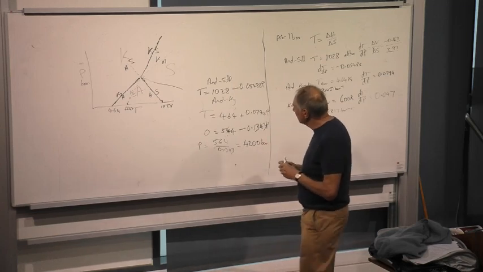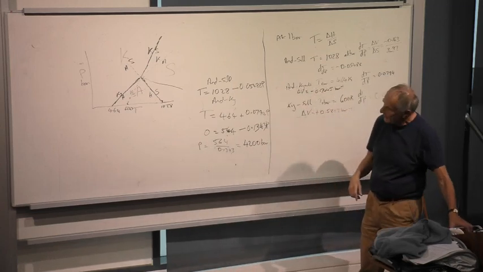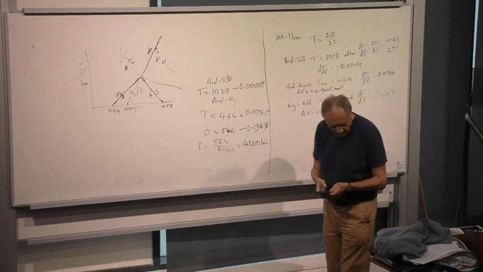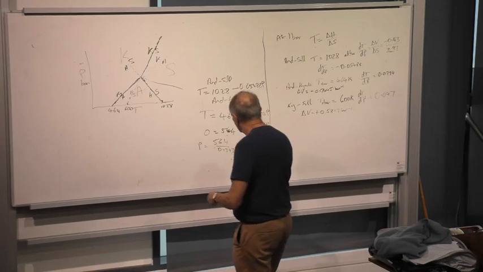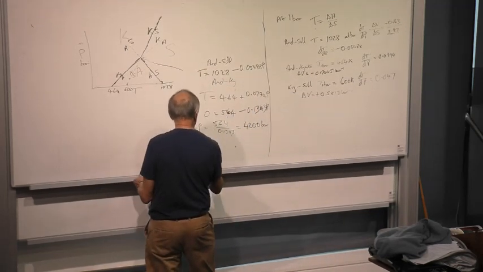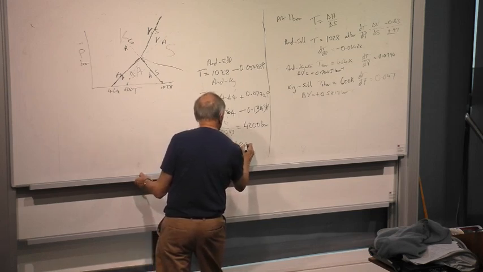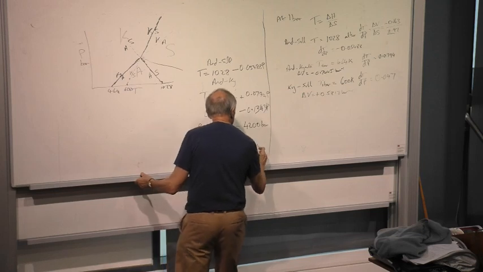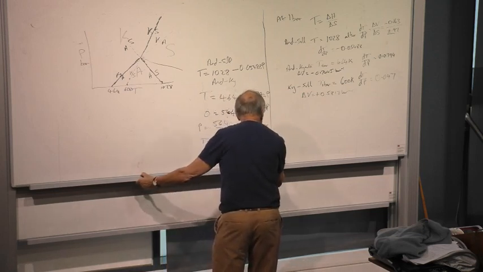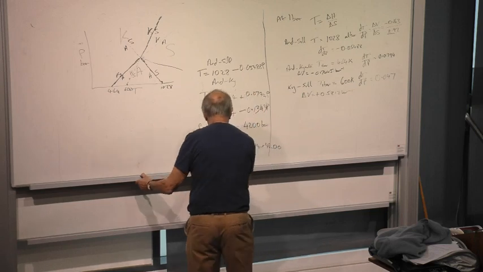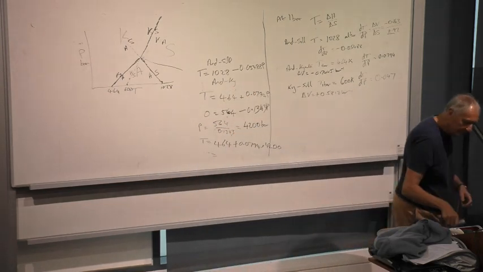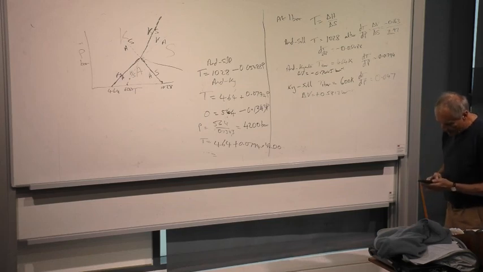And T is going to equal, let's just take the second one, plus 0.0794 times 4,200. .464 plus 797.